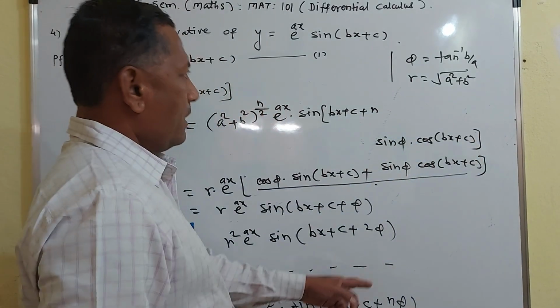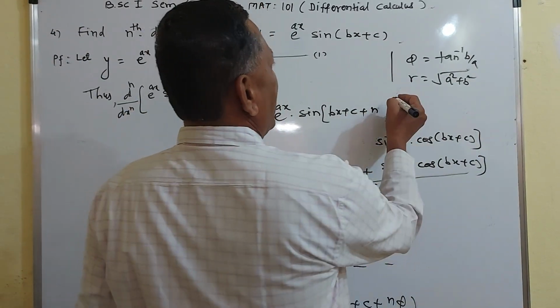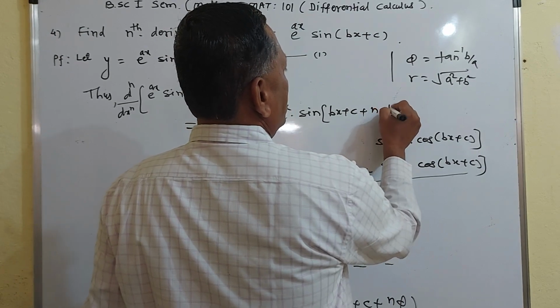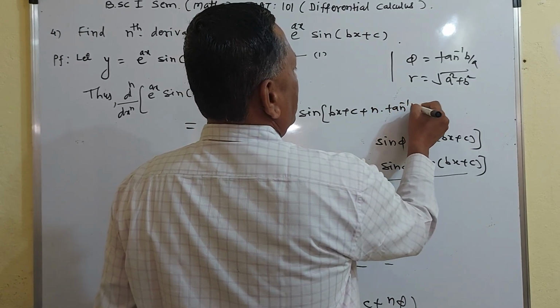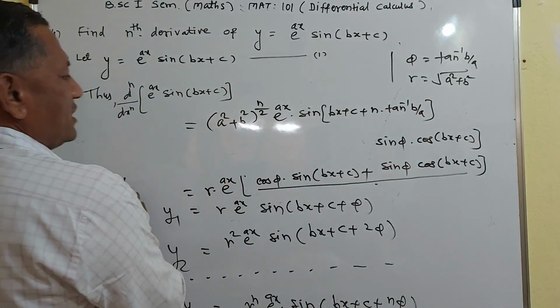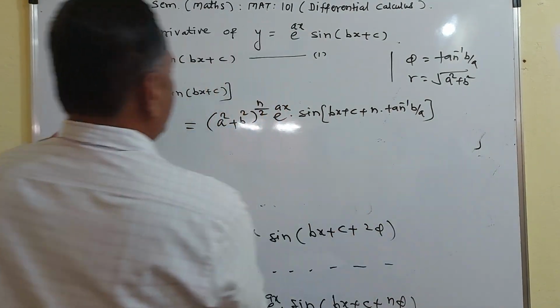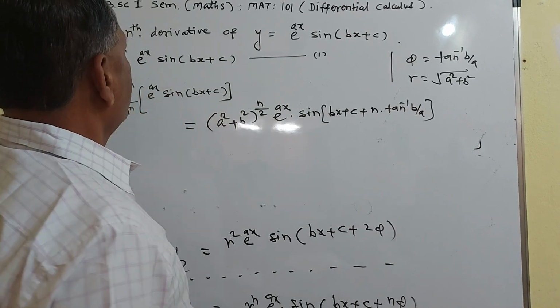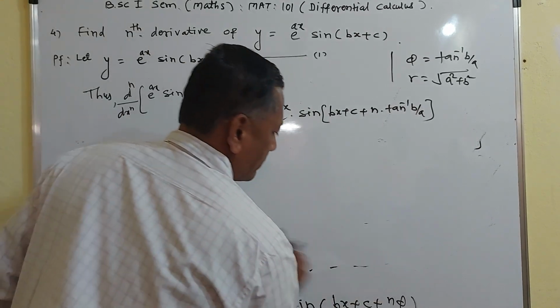But phi is tan inverse b upon a. So this is the nth derivative of e raised to ax into sin of bx plus c.